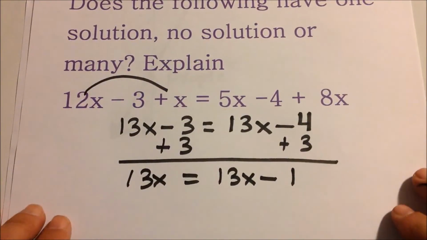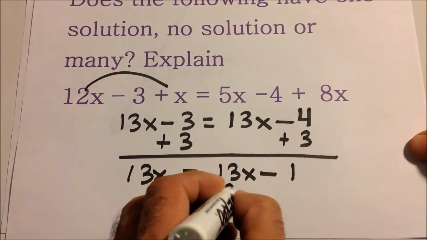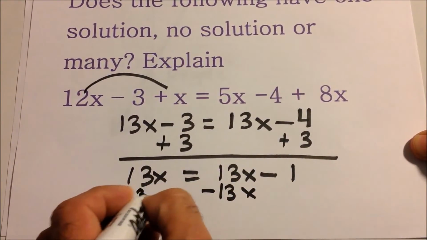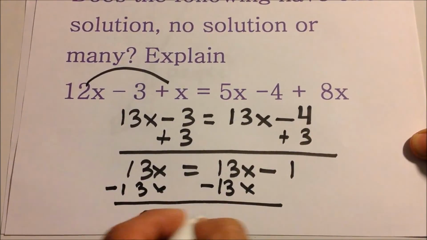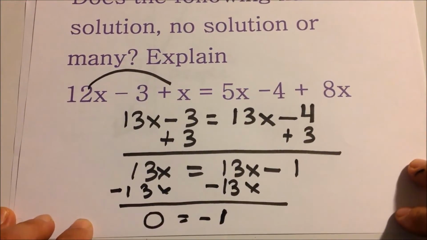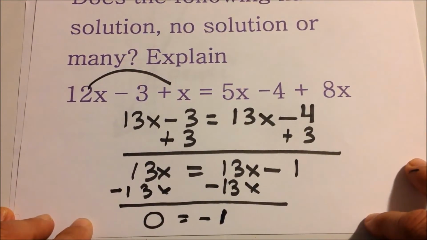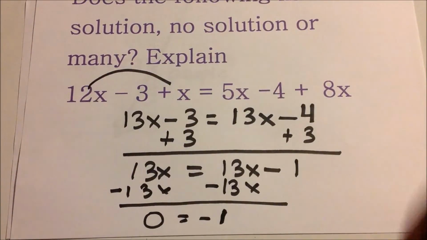Then if I get rid of a 13x on both sides, I get a final answer of 0 equals negative 1. This contradicts. If you remember in class, if something contradicts, there's no solution. So this would have no solution.